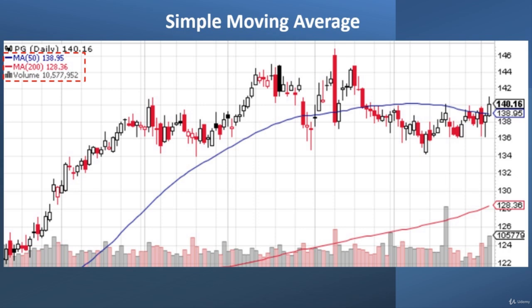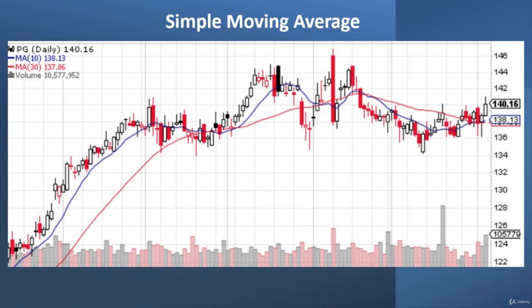Now let's change the numbers a little bit and see how that might look a little different. Let's say I change one of my moving averages to be only 10 days as far as a look back, and the other one, the pink one, to be only 30 days. What does that look like? As you can see here, it looks quite a bit different, right? Now both lines are crossing over at points, crossing over where the price bars, the candlesticks, are, and sometimes they cross over each other as well.